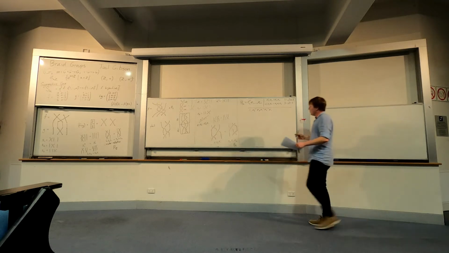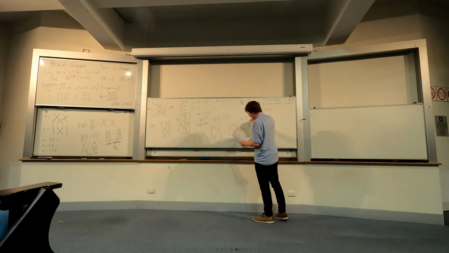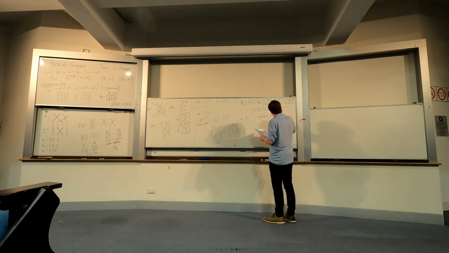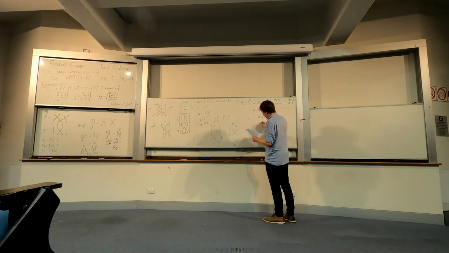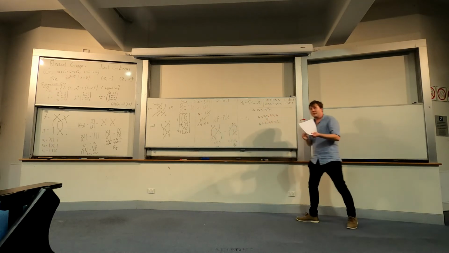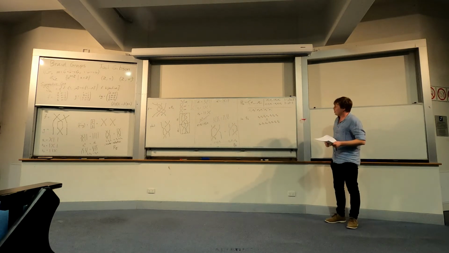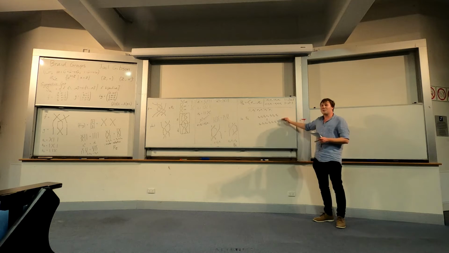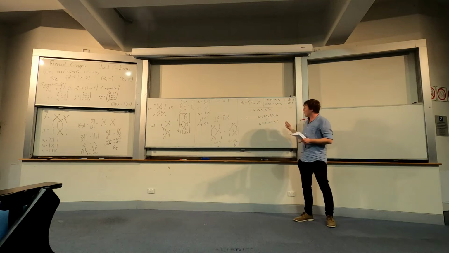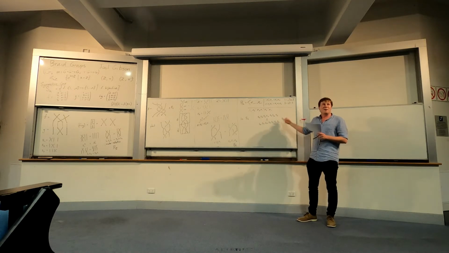So, to give a concrete example, in S6, I have S4, S3, S2, S5, S4, S3, S2, and this is equal to S5, S4, S5, S3, S4, S2, S3. And the question is, can you write a computer program that mechanically checks whether these two things are in fact equal? It has to apply these relations in every single possible way to try to move between them. And this is something that is ridiculously inefficient.